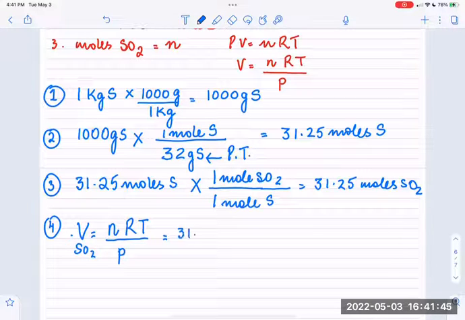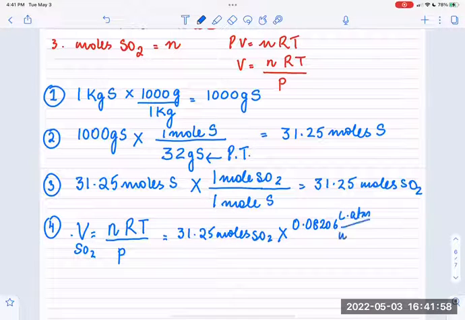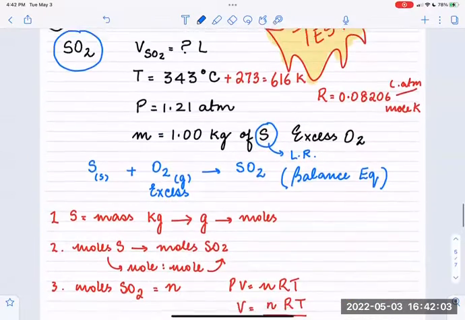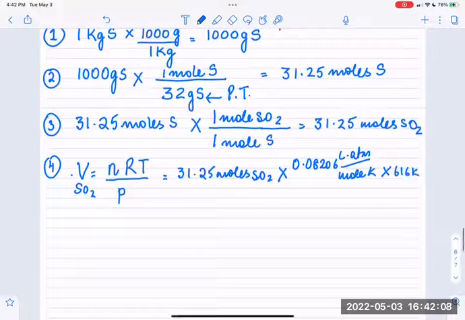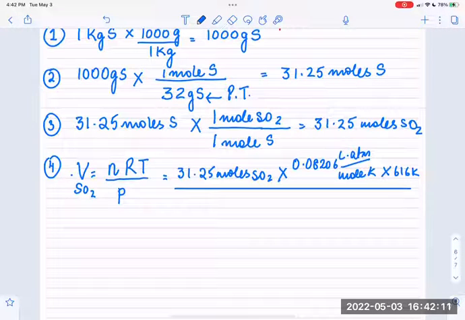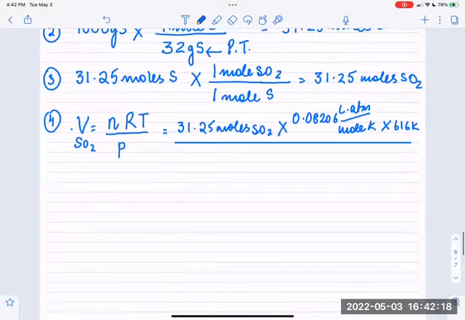So 31.25 moles of sulfur dioxide times R, which is 0.08206 liters times atmosphere per mole K, times the temperature, which is 616 K, over the pressure, and the pressure was 1.21 atm.